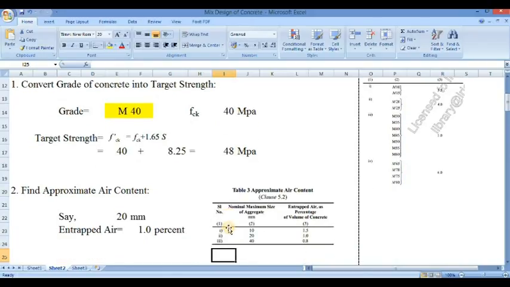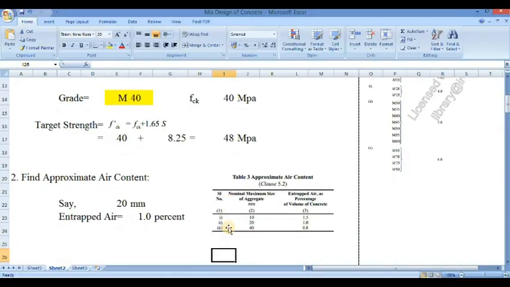So what is the second step? The second step is to find the approximate air quantity. Before that, say the total volume of your concrete is 1 m3. When you mix it, your volume will be 1 meter cube. And the task of mixed design is to find the volume of each component.